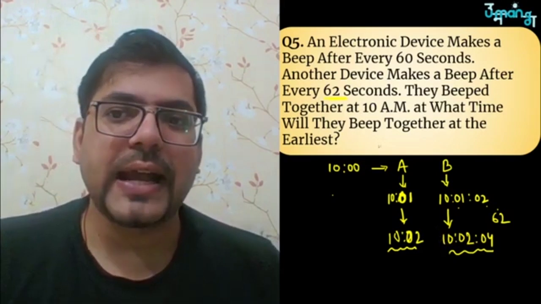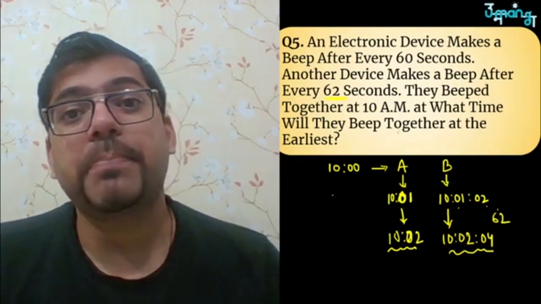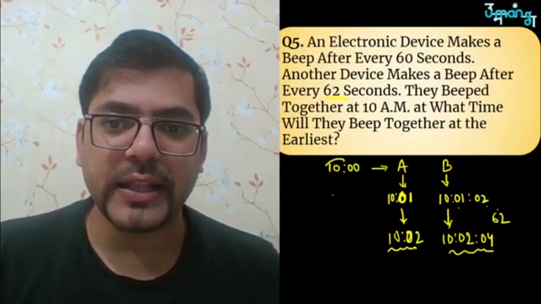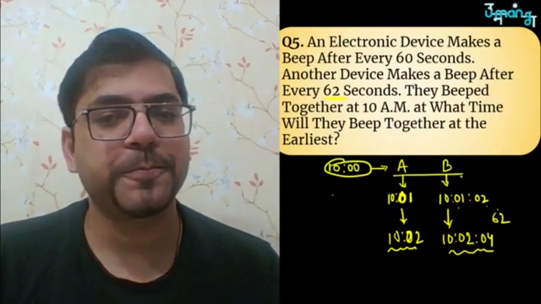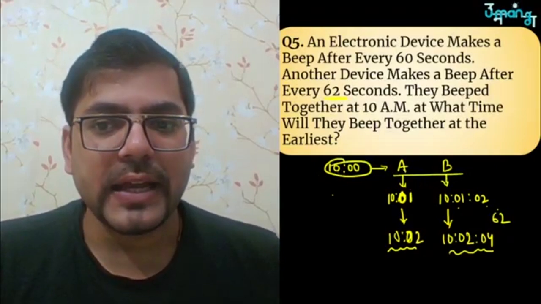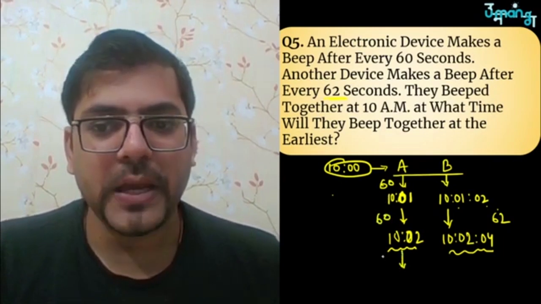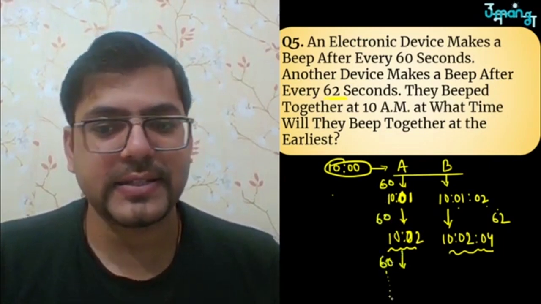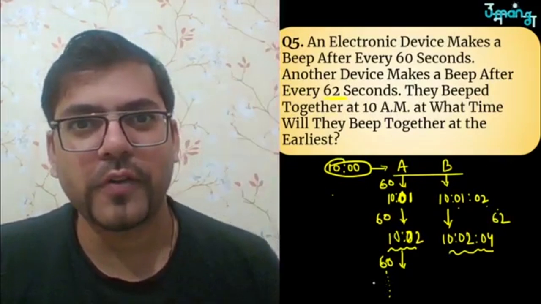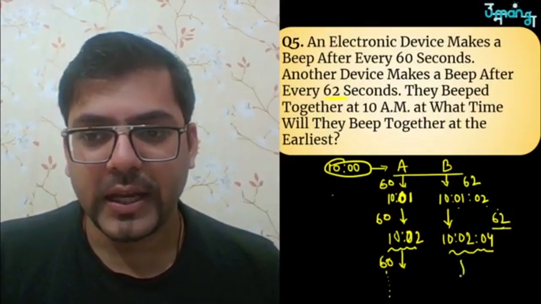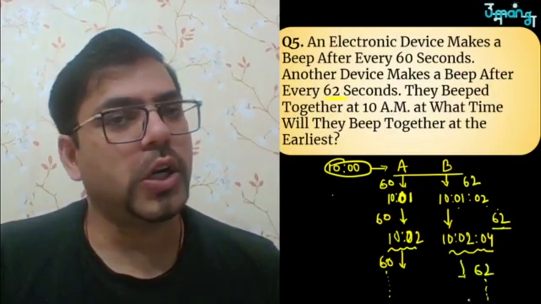So the question is asking at what time will they beep together, at the same time like they did at 10 o'clock. The fact is this: A takes 60 seconds, then again 60, 60, 60. It will take some X number of cycles. Similarly, B will take 62, again 62, again 62, and so on.